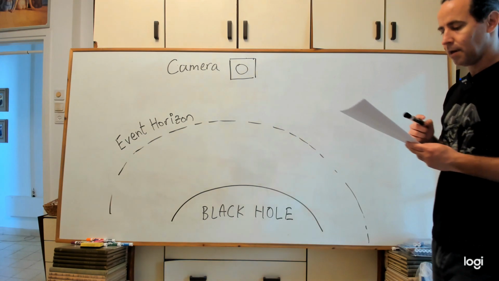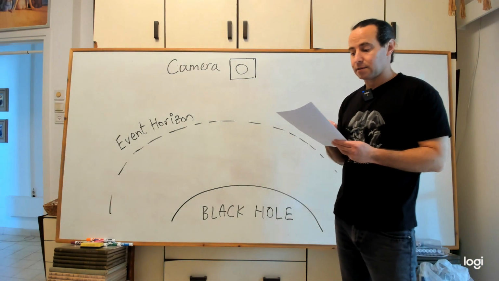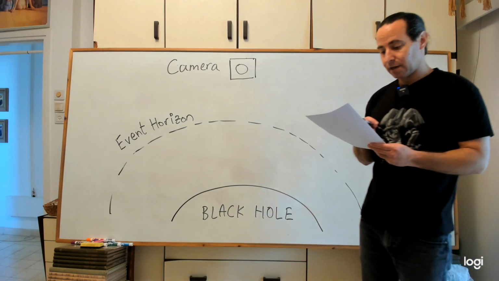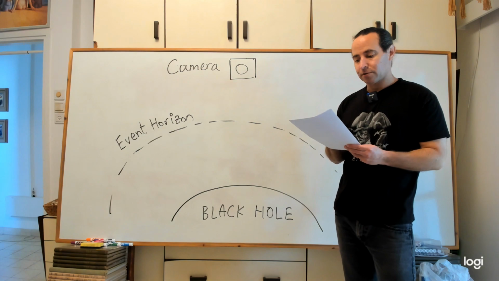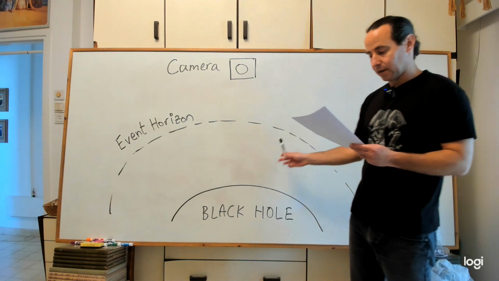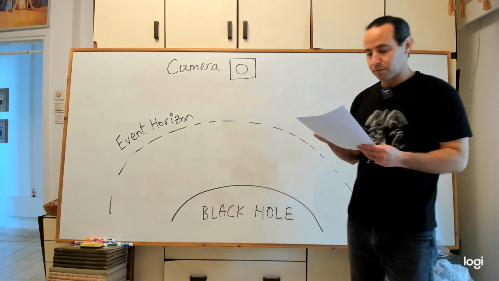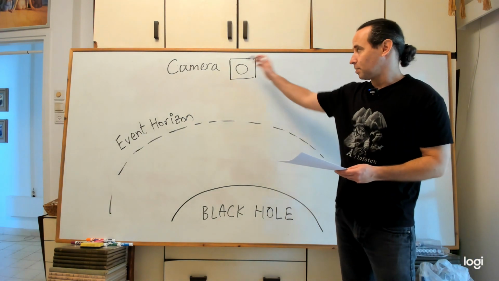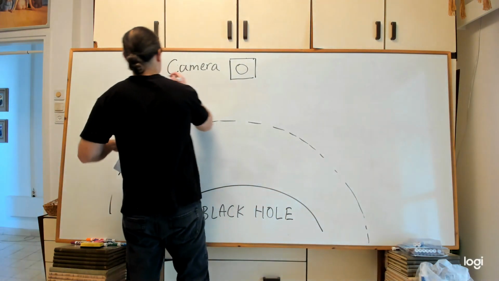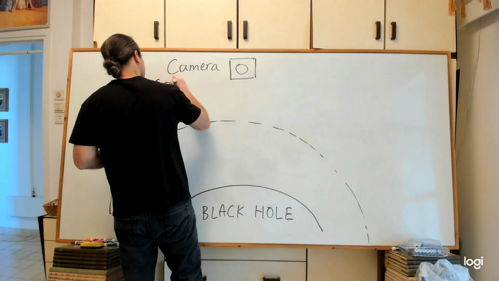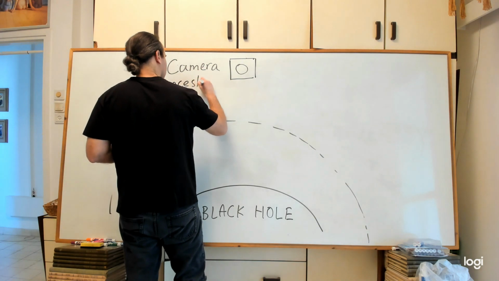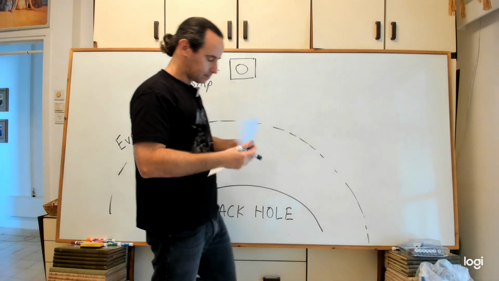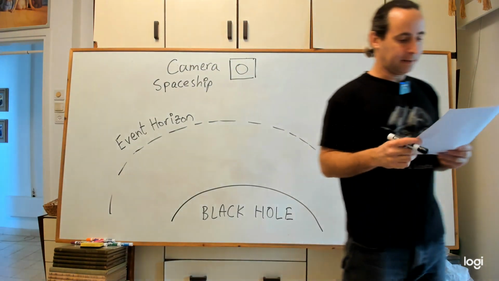So note, they interact even if they are not in the same direction. This is important because in our case they definitely will not be. One photon will come from the ground of the black hole and one photon will come from above, from our camera spaceship. Of course it can be robotic, not with people.